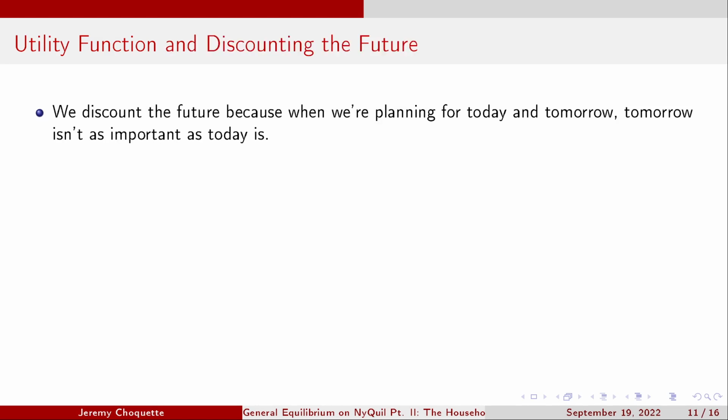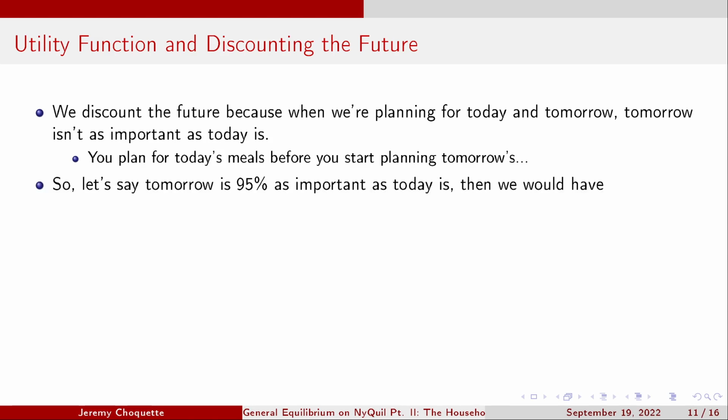Why are we going to do this? Well, like I said, you're planning for today and you're planning for tomorrow, and tomorrow's not quite as important as today is. You still need to eat tomorrow, so you're going to have to plan to be able to eat tomorrow, but you need to make sure you're fed today. Otherwise, you're not going to be alive tomorrow to be able to eat. All right, so you're going to plan for today's meals, and then once that's taken care of, you start planning for tomorrow's.